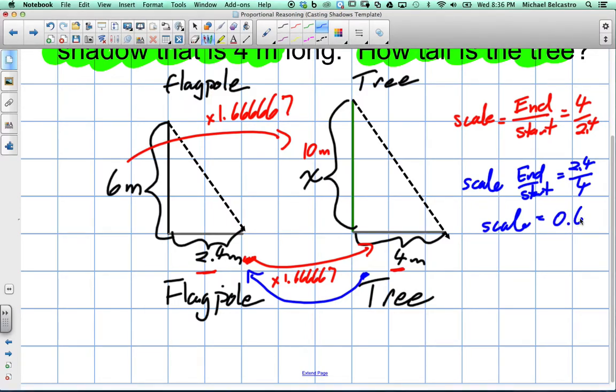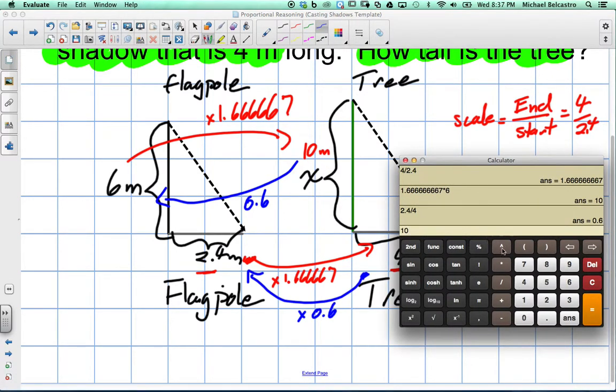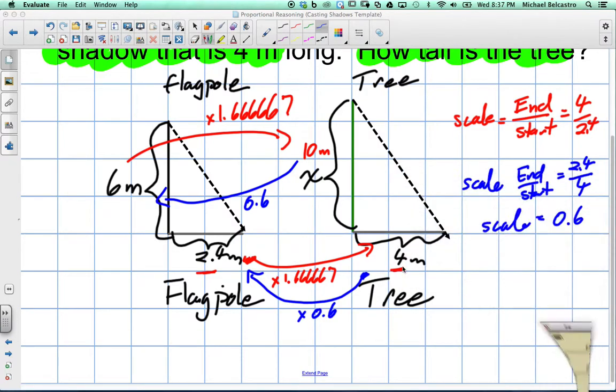So if I multiply 4 times 0.6, I'll get 2.4. Let's see if that works here. If we multiply 10 by 0.6, do we get 6? If you know your multiplication well, you'll notice that that's true. That works. So that scale worked both times.